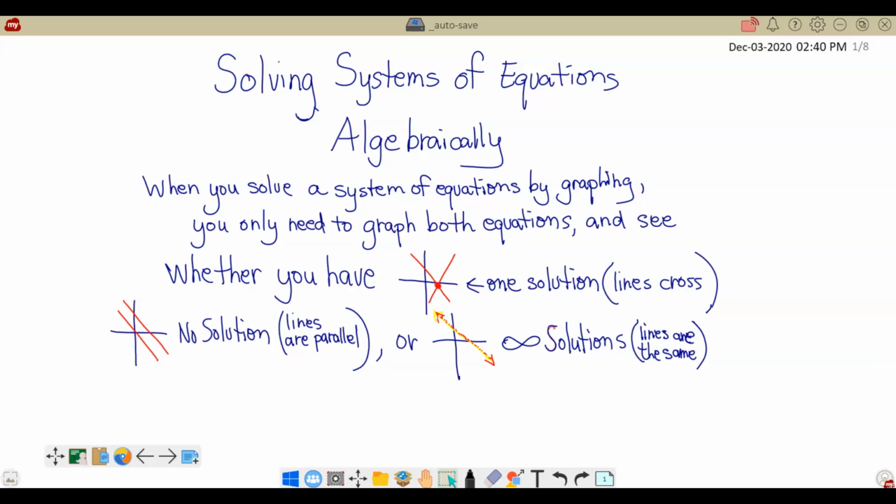So when you solve a system of equations by graphing, you only need to graph both equations and see whether you have one solution where the lines cross, no solution where the lines are parallel, or infinitely many solutions where the lines are the same.